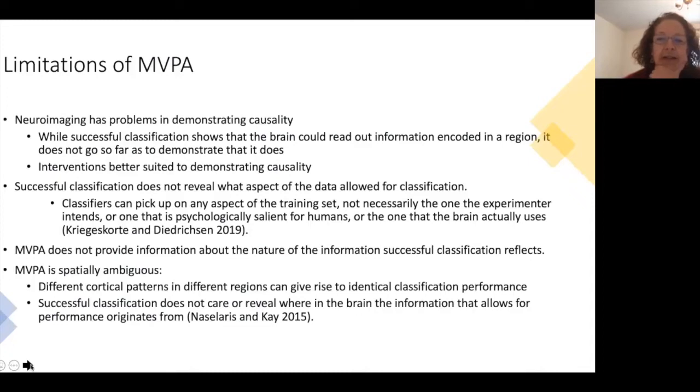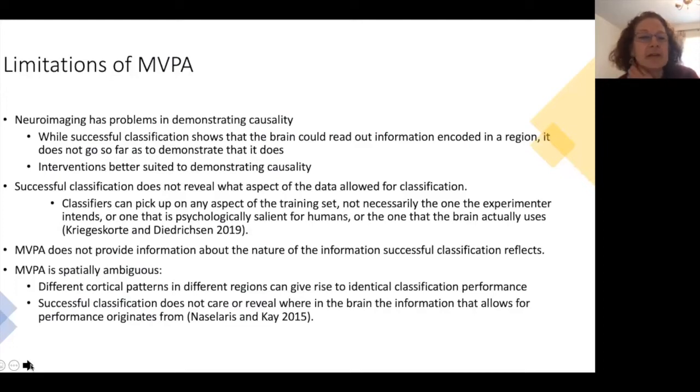Moreover, just the fact that you are able to classify information doesn't indicate what aspect of the data allows for classification. It just suggests that information is present, but it doesn't tell you what information it's using. And it doesn't tell you even that the information it's using is going to be information that the experimenter thinks is being probed for the experiment.